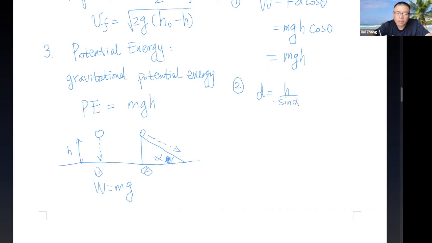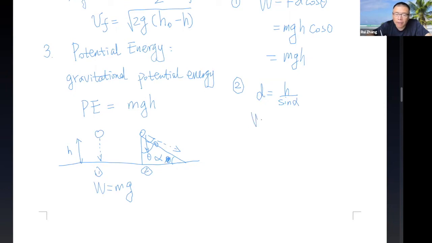But the angle theta is not 0 anymore, because the force is going in this direction and the displacement is going in this direction. So the angle theta is this angle here, which is not alpha, but 90 minus alpha.